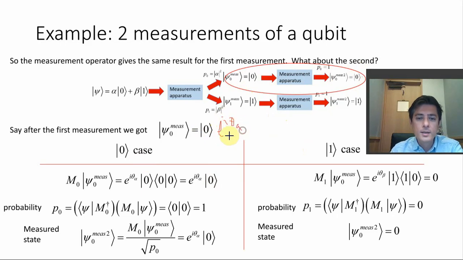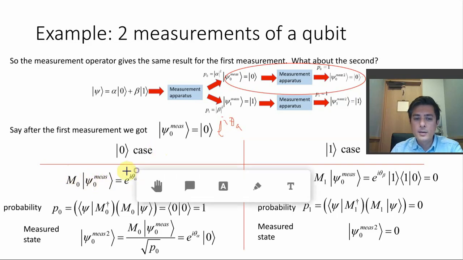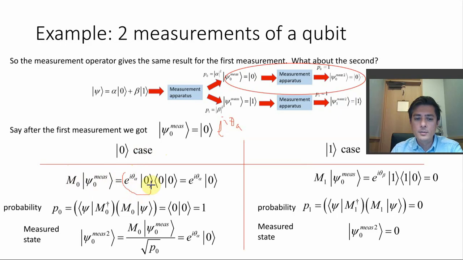So here's our first measured result here, right? That's what you get over here. Now I'm going to apply this measurement operator 0 to this case, right? So here's our original state. That's the original state that we started off with. Sorry, the original state is really actually this part, and then this phase.